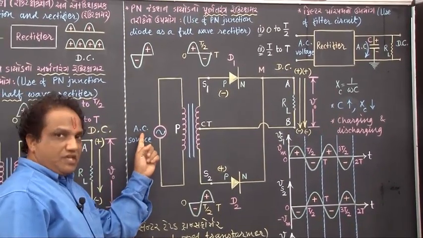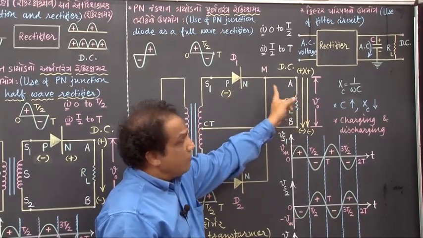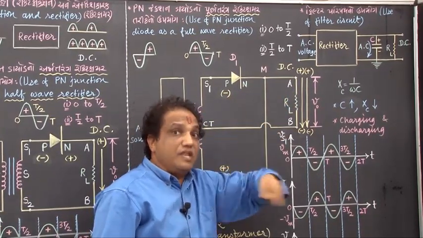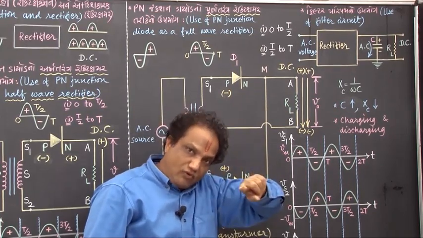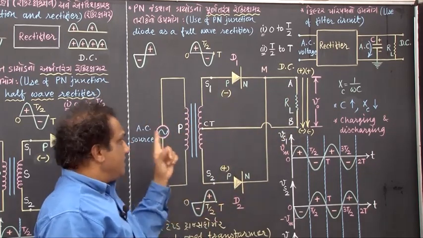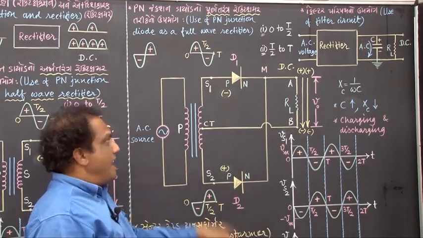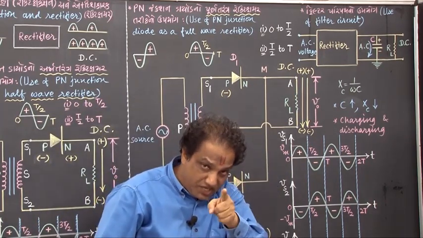Fine. Tell me what you had actually. You had actually AC. If you connect this source here across RL directly, then you will have current passing through RL changing the direction alternately, correct? So it will flow in both the directions, clockwise and anti-clockwise also. But here, through these two PN junction diodes, when we connect the AC source this way, then current through RL is found to be unidirectional, that is direct current, that is DC.